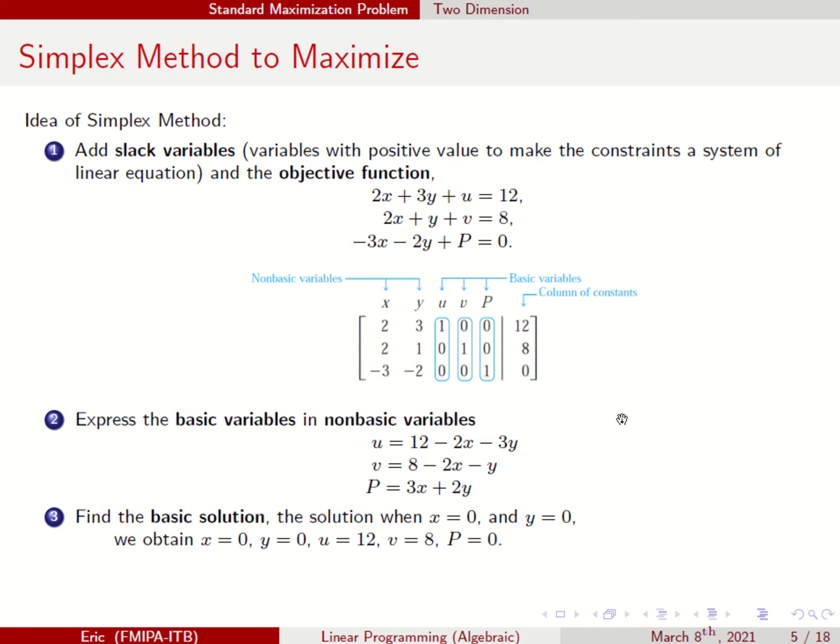You remember the corner, the left corner, 0, 0. Substituting here, we obtain u equals 12, v equals 8, and p equals 0. So this point corresponds to zero profit.